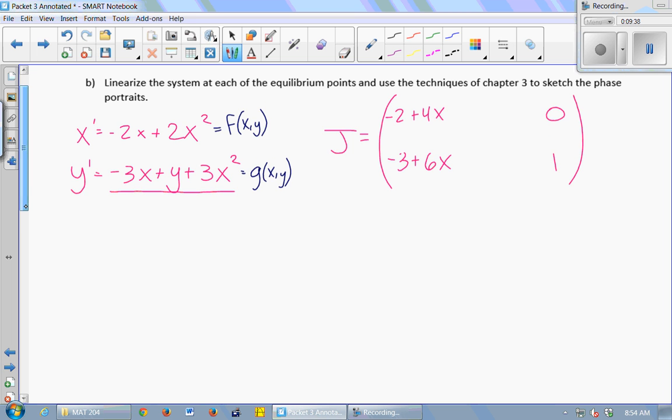And then I have to evaluate that matrix at each equilibrium point. So my Jacobian matrix evaluated at the point 0, 0, my first equilibrium point. I'm just plugging in 0 for x and 0 for y. So I have negative 2, 0, negative 3, 1. That is the coefficient matrix for my linearized system at 0, 0.